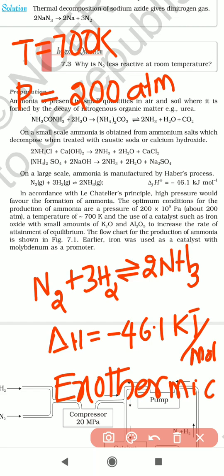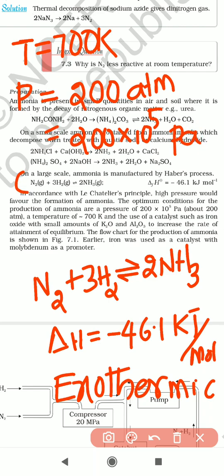If you convert into pascals, it is 200 into 10 power 5 pascals pressure that we have to maintain.